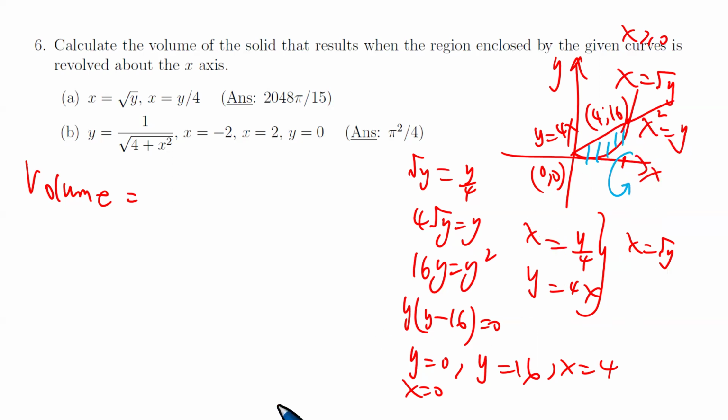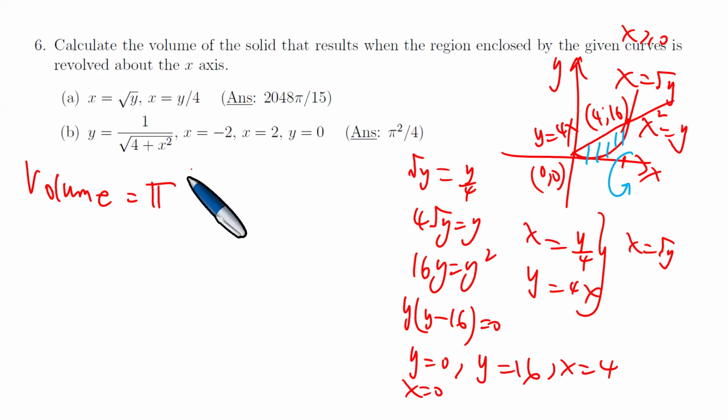So to find the volume of this, we proceed as follows. Now, if you are able to do this, you realize that by the washer method, you use a single pi.